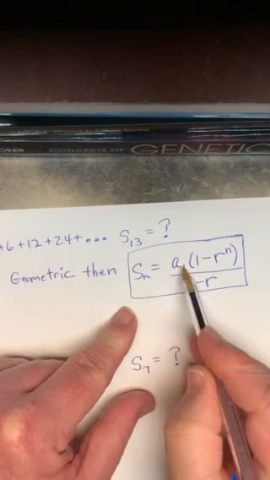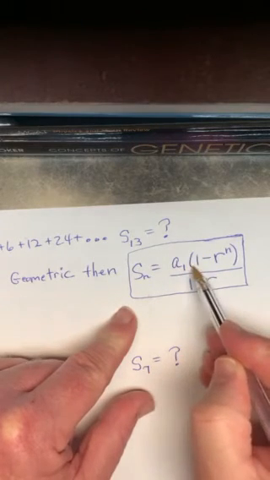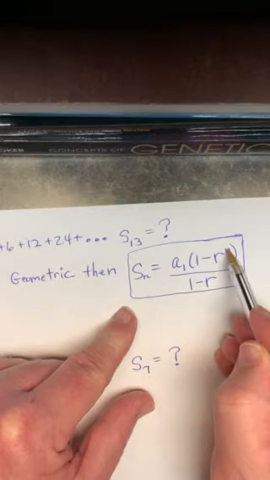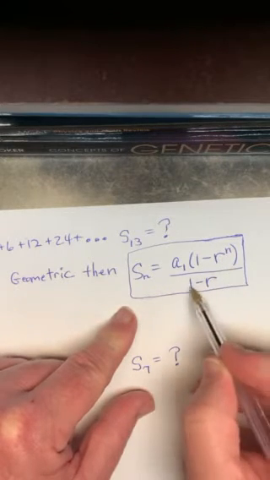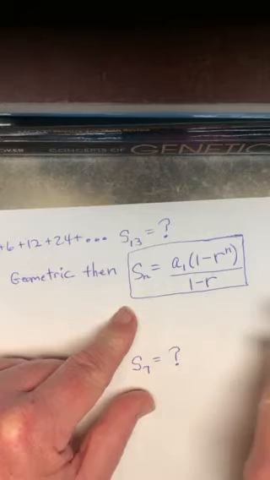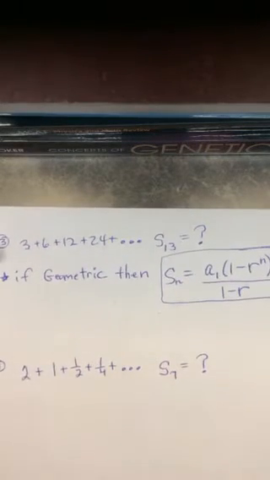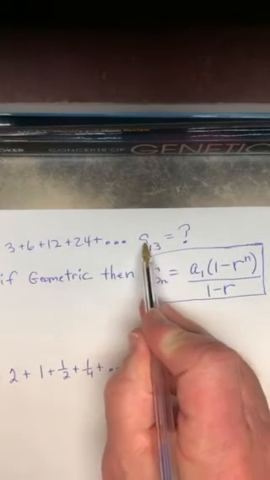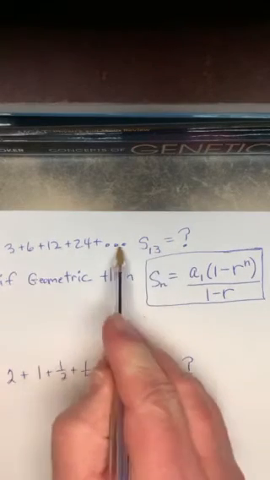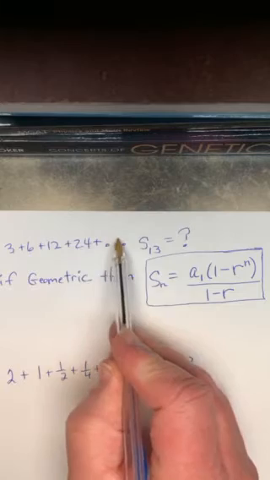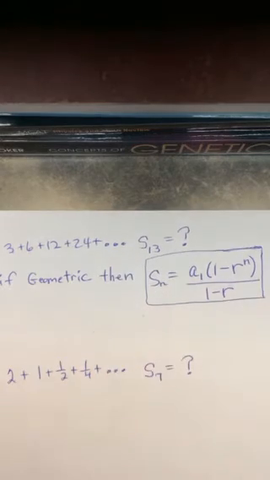You're going to take a sub 1 times 1 minus r to the nth power all over 1 minus r. Okay? Again, not as bad as it looks. Watch. Let's try this problem. It says find the sum of the first 13 numbers of that series. Well, I sure don't want to write all 13 of them out and then add them all on a calculator.